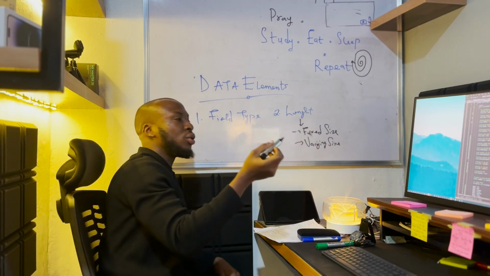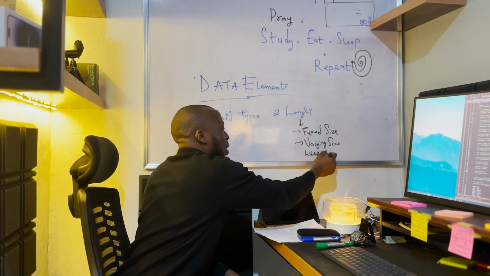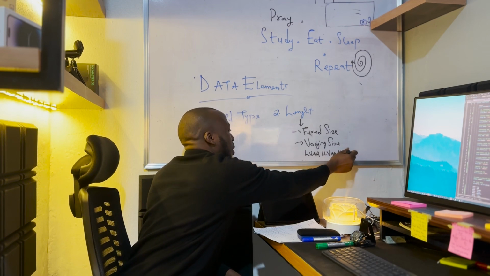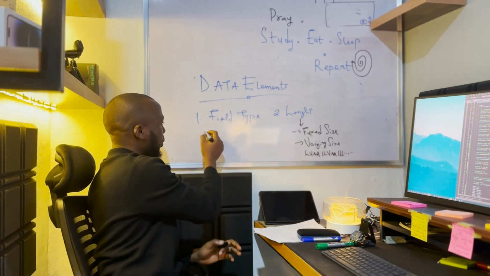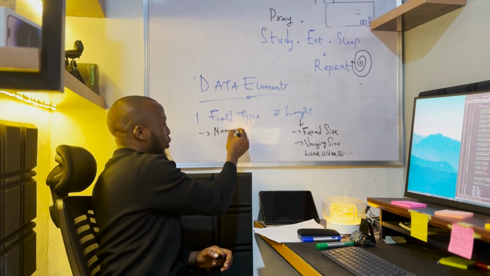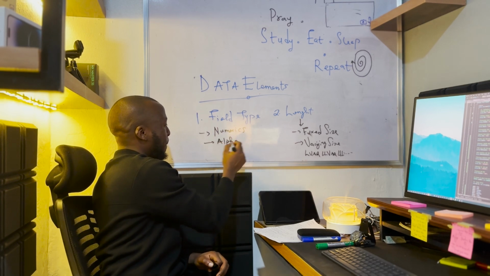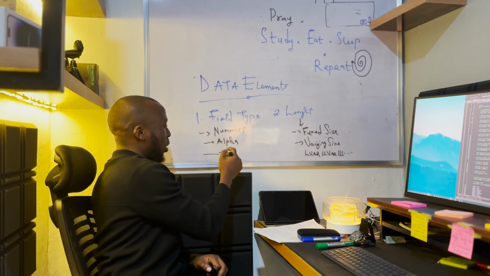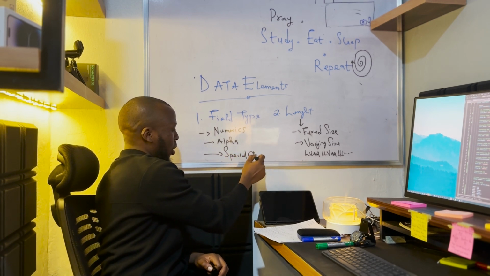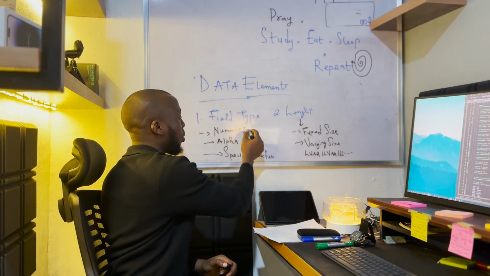For varying size, you would usually see things like L var, LL var, LLL var, and the likes. And for the field types, we have numerics, we have alpha, we have special characters. And you can actually combine all of these.